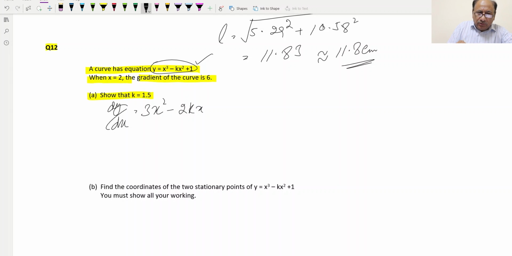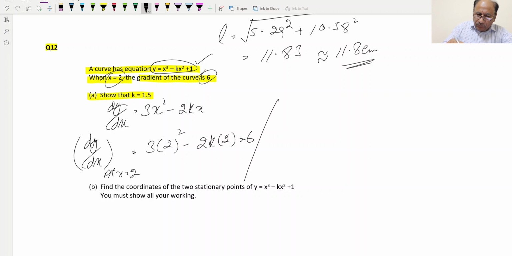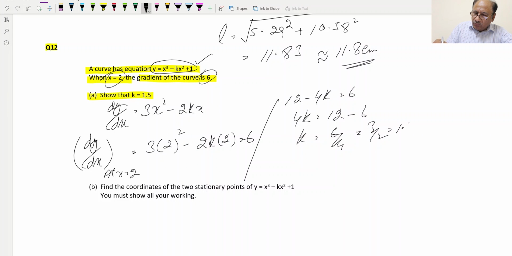We can write dy by dx at x is equal to 2, which will be 3 into 2 squared minus 2k into 2, and they are saying this is equal to 6. Now we can simplify: 3 into 4 is 12, 12 minus 4k is equal to 6, so 4k is equal to 12 minus 6. So k will be equal to 6 by 4, which is 3 by 2, which we can write as 1.5.